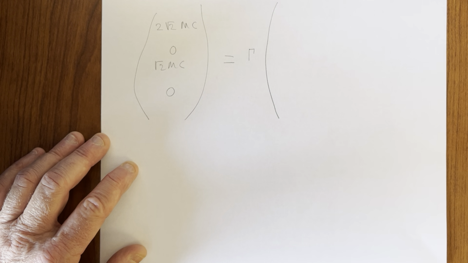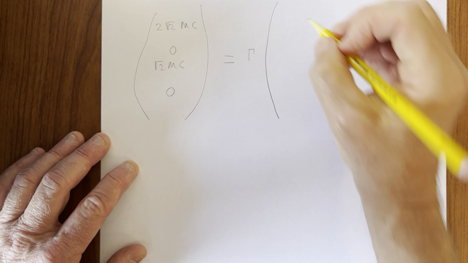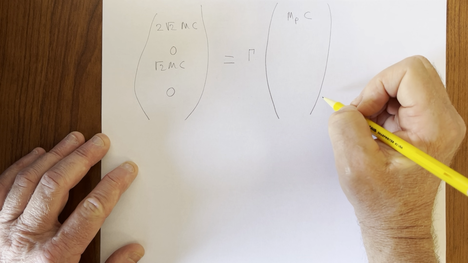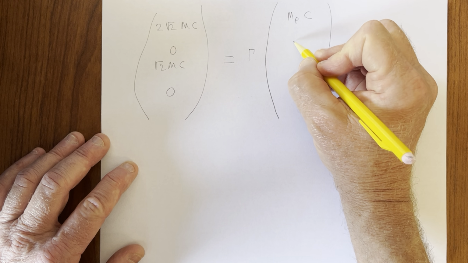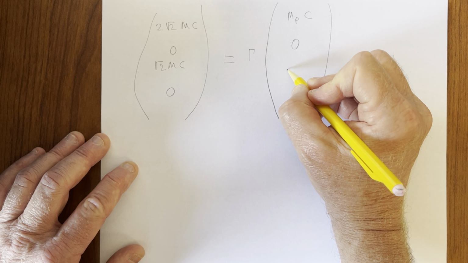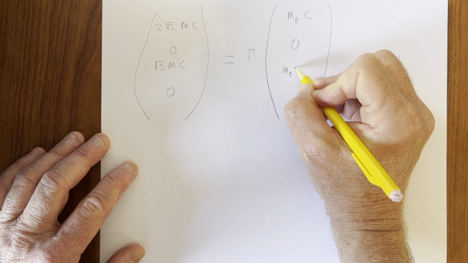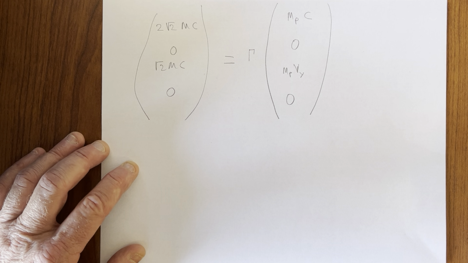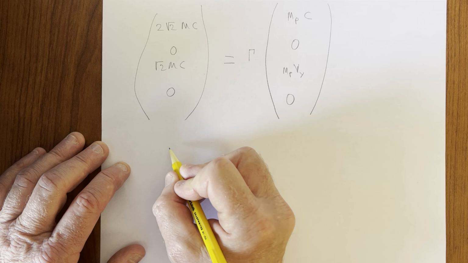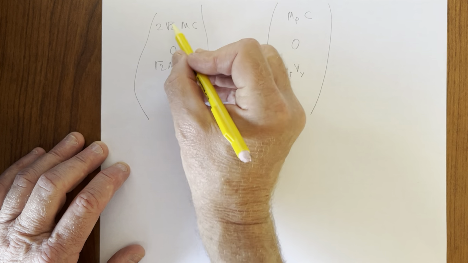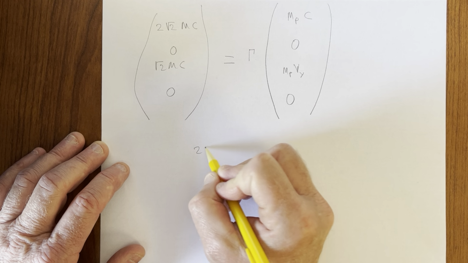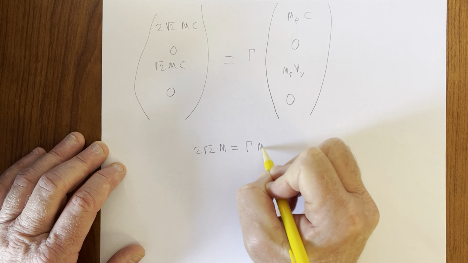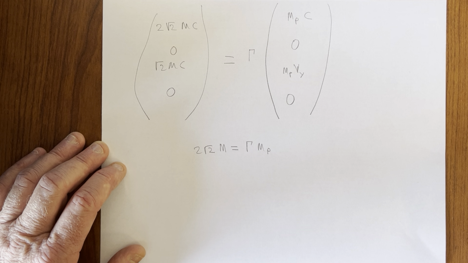After the collision, the object will still be moving, so that's not 1. We have a post-collision mass, let's call it Mp, times c. The x component is 0. That can be written as Mp times the y component of the velocity, and 0. And so the first term gives us 2 root 2 m equals gamma Mp. And we're trying to find what Mp is.